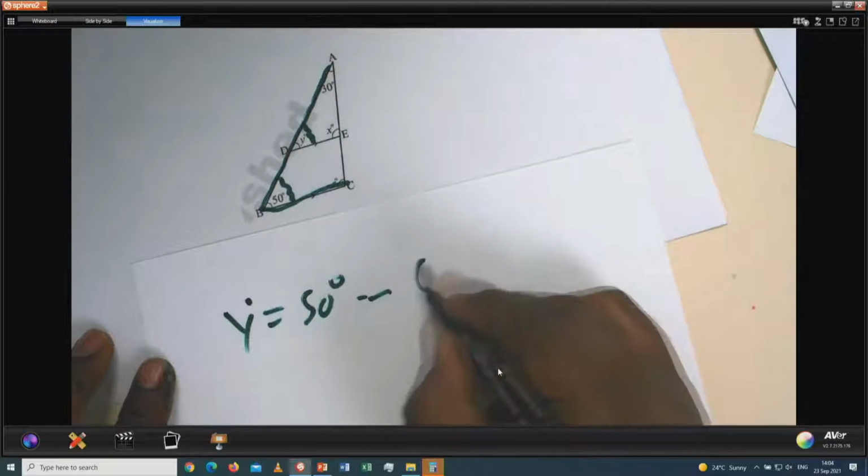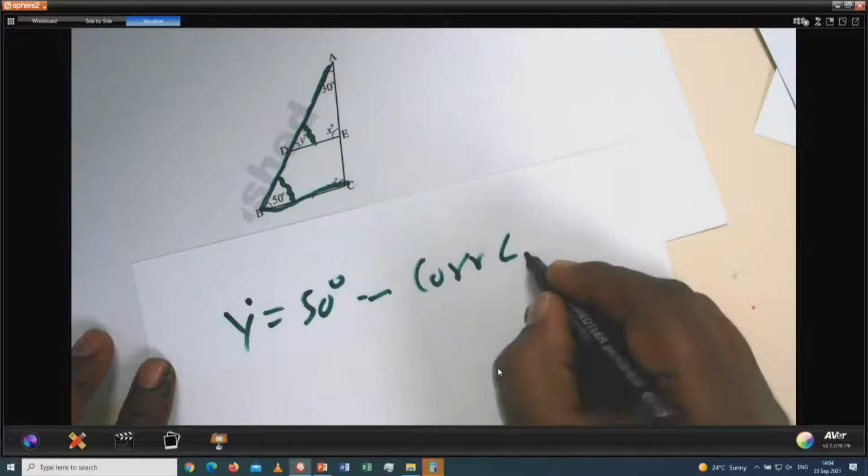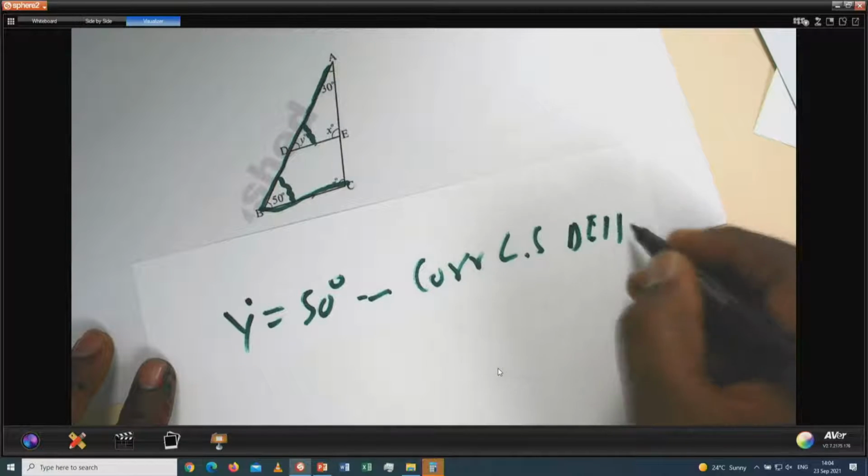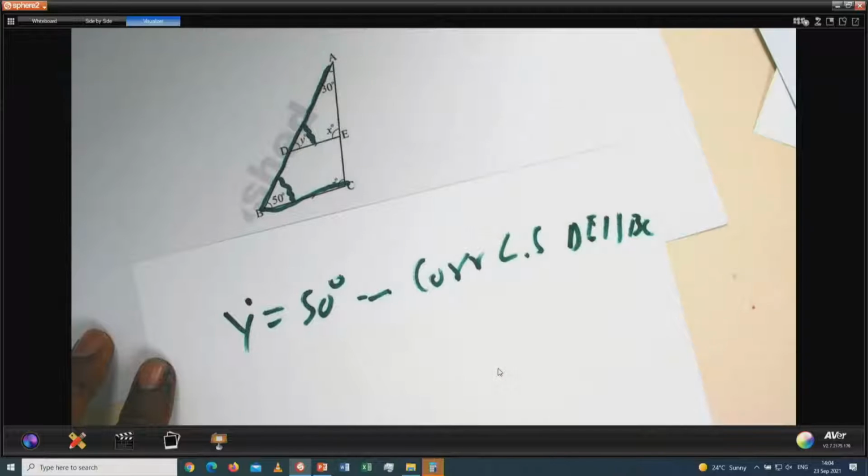Therefore, straight away you can say, okay, angle y equals 50 degrees. What is the reason? Corresponding angles, DE parallel to BC. Right? You've got that one.